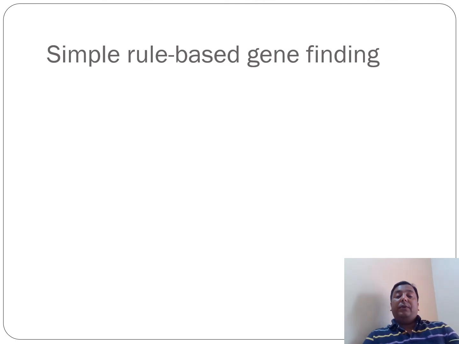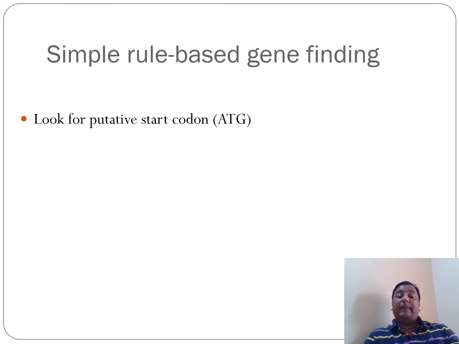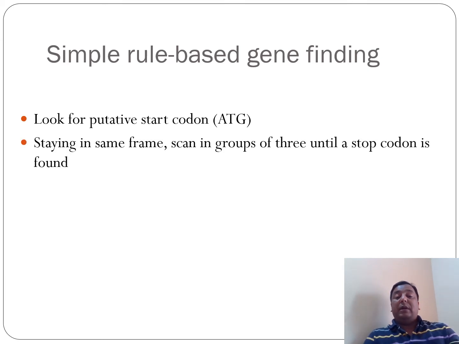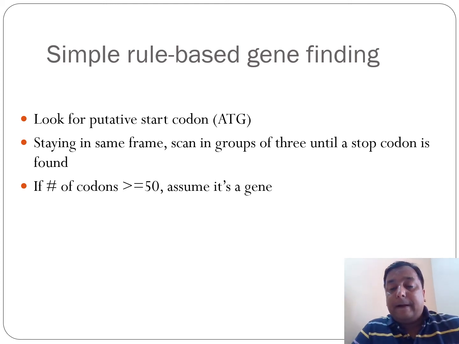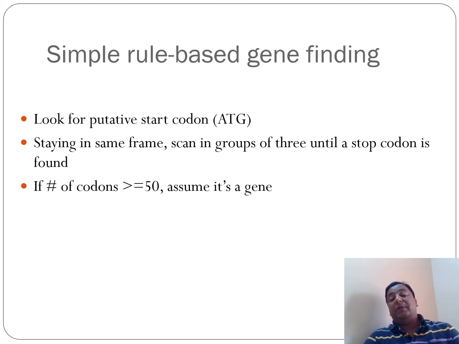So if we talk about the simple rule-based gene finding methods, definitely we are looking for start codons, and then staying in the same frame, scanning in groups of three until the stop codon is found. Then some rules are defined for this: if the number of codons is greater than 50, assume it's a gene.